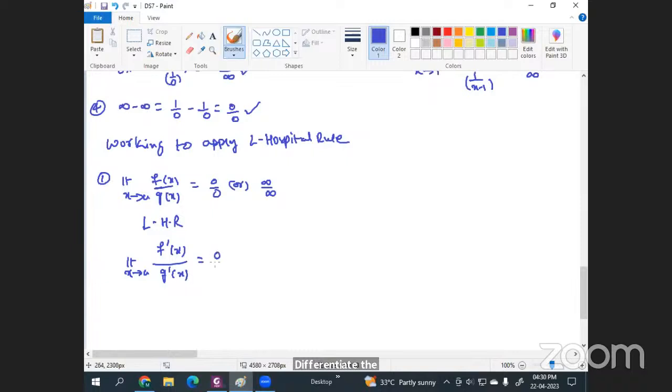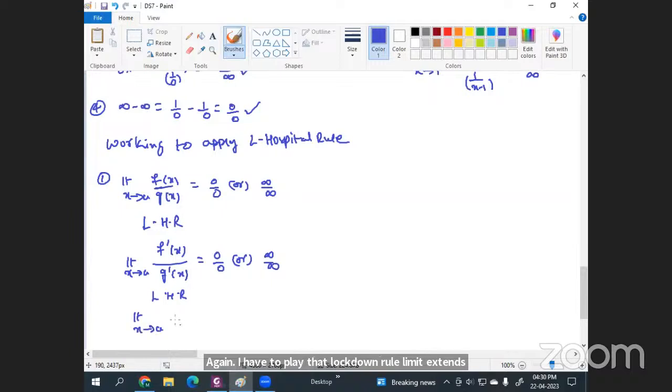So if we get 0 by 0 or infinity by infinity, again I have to apply the L'Hopital rule. Limit x tends to a, f double dash of x by g double dash of x. Only we have to apply it to the function, not the limit. Right? So if we get again 0 by 0 or infinity by infinity, till where we need to repeat this?